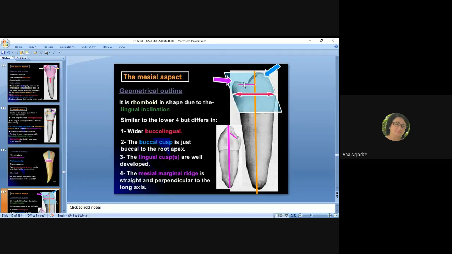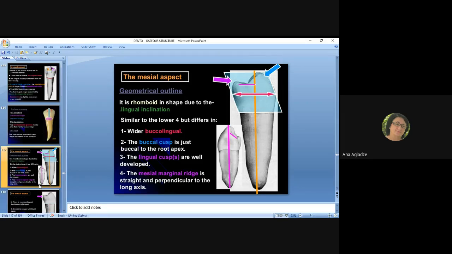The lingual cusp may be one or two, they can be divided into these lingual cusps. They are well developed, the lingual, and you can see the mesial marginal ridge, which is straight and perpendicular to the central axis of the tooth.